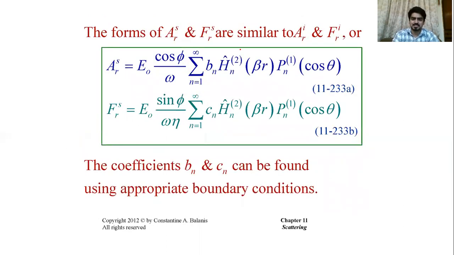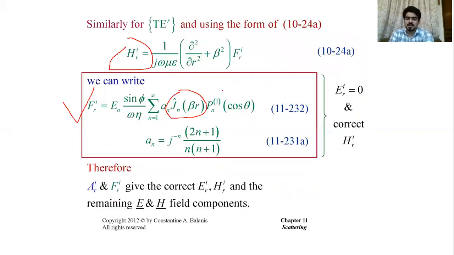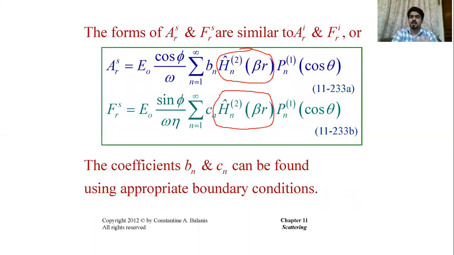You can see that we can write the scattered A and scattered F vector potentials as an infinite summation of Schelkunoff's spherical Hankel function of the second kind. We simply replace the Schelkunoff spherical Bessel function by the Schelkunoff spherical Hankel function in order to get the expressions of A_r and F_r.